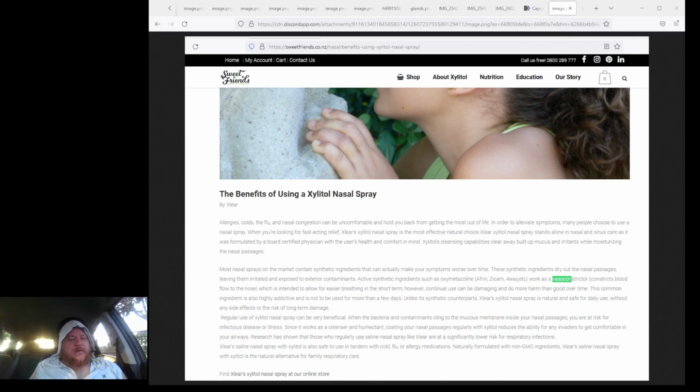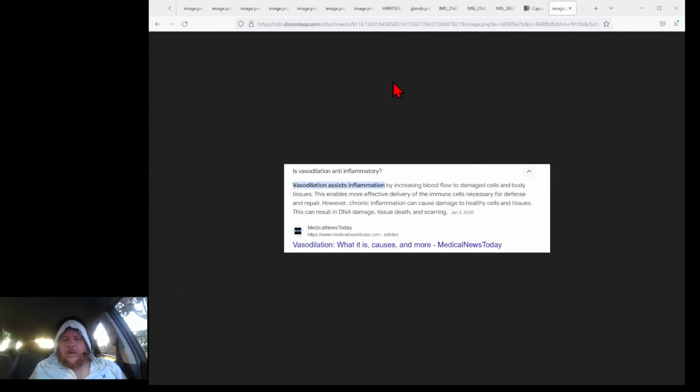Okay? Be careful. That's what I'm saying. So that's kind of what I was thinking about, and I kept seeing this xylitol and I'm like, why are they putting this in there? There's got to be another reason. And so what I found, let me see if I can link these up here. I looked at whether vasodilation is inflammation.